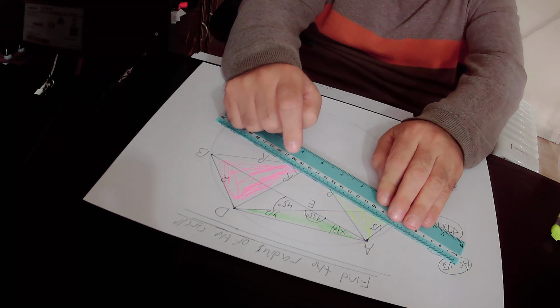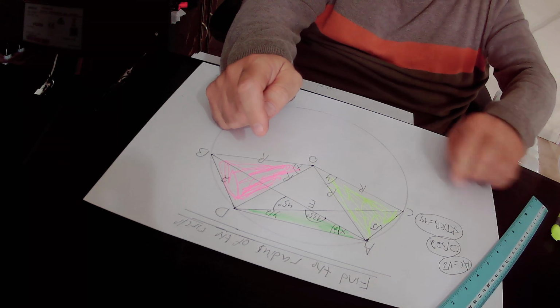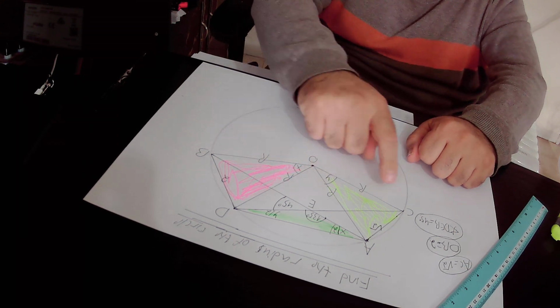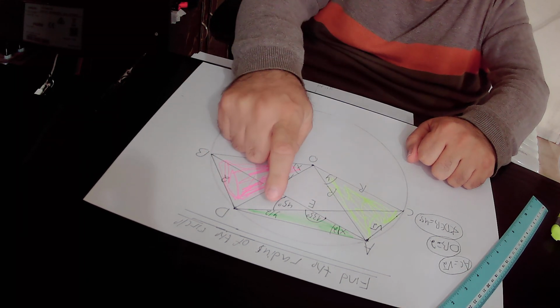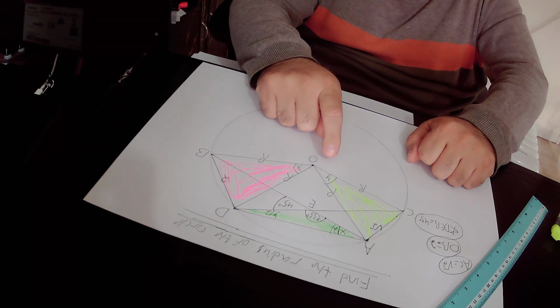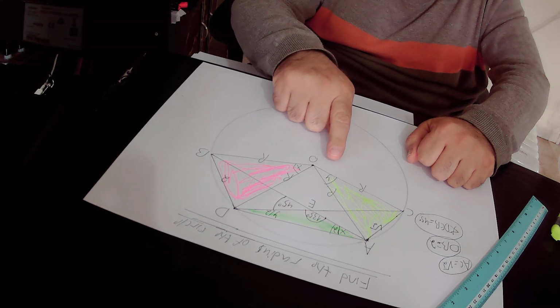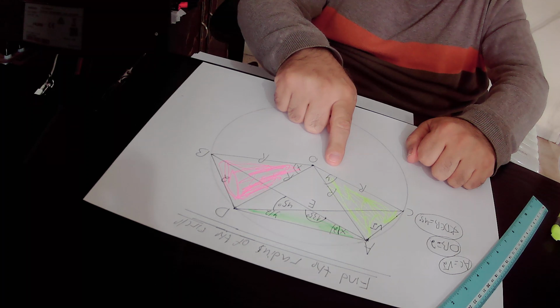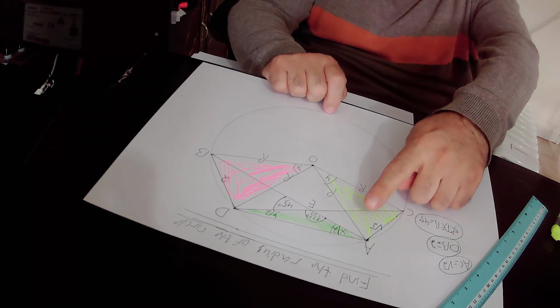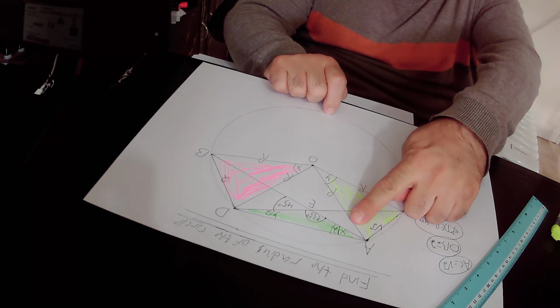Then we defined the peripheral angle CDA as y over 2. Therefore, the central angle AOC must be equal to y, according to the rule that I mentioned. We define the peripheral angle ADB as x over 2.